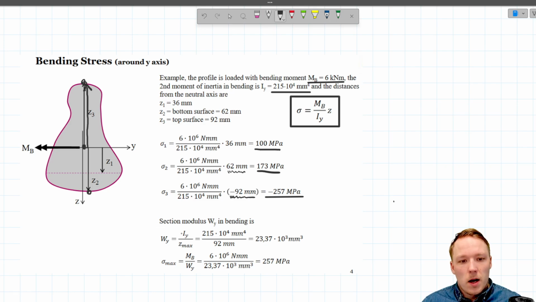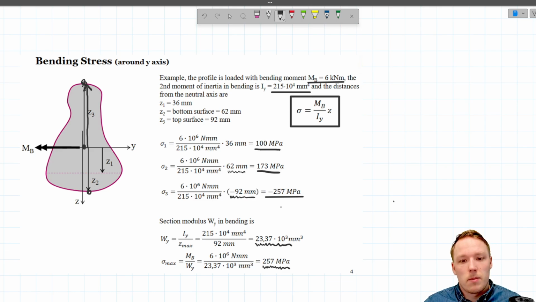Well, from the IY, if we wanted to get only the maximum value of the stress, we could have divided the IY by Z max, which is 92 millimeters. We would get the section modulus like so, and then we could have used this equation to calculate the maximum value for the stress. But it is worth noting that if we use this equation, we do not know the sign of the stress.